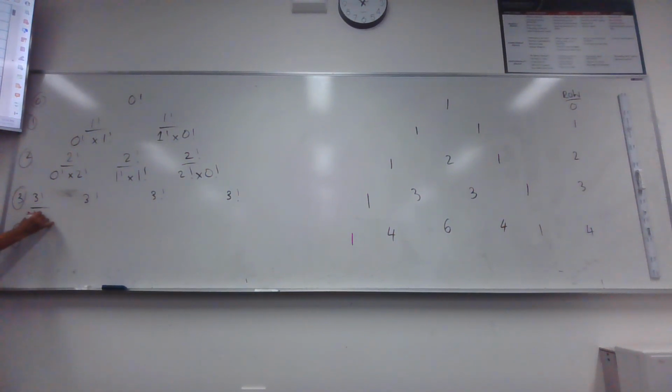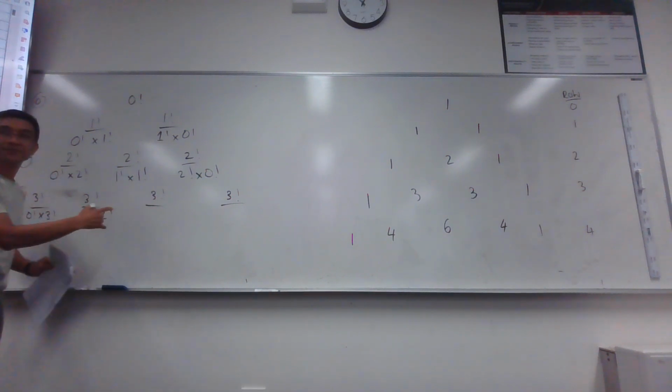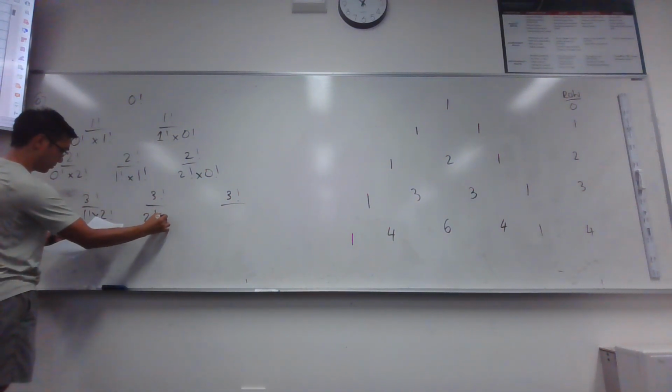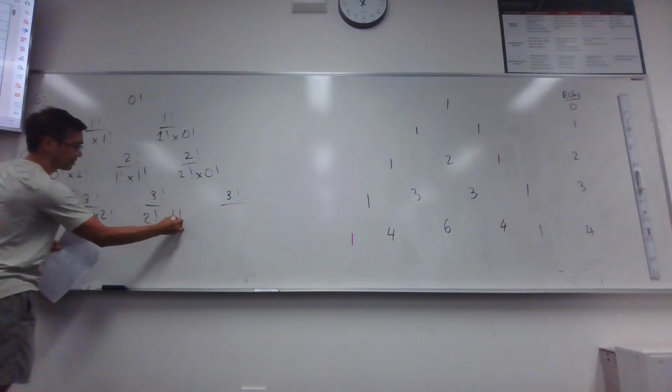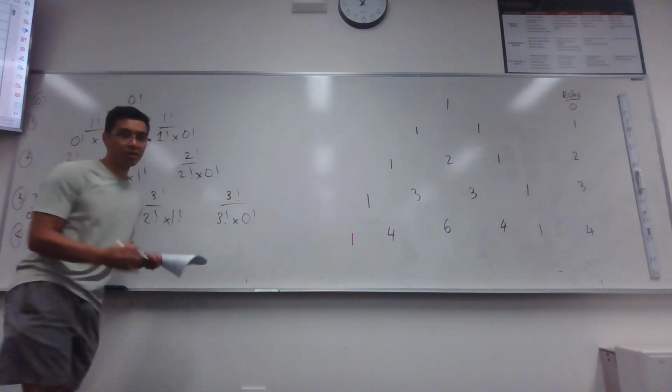What's this one here? It's 1 factorial times 2 factorial. And this one? 2 factorial times 1 factorial. Well done. What is going on here?